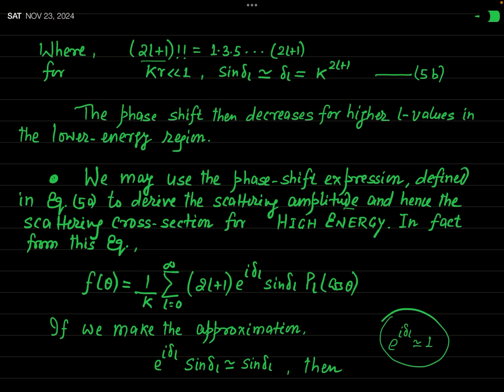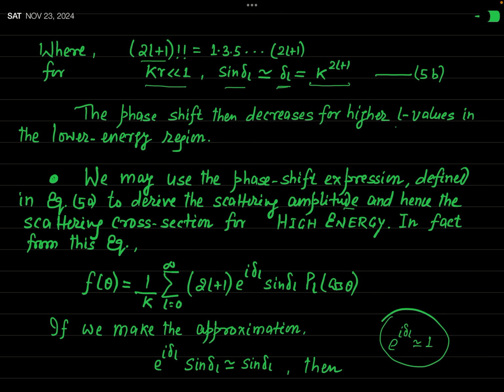Now, in this condition, if you consider a limiting case of kr much smaller than 1, then sine delta L will be almost equal to delta L, and that will be proportional to k to the power 2L+1. So in this approximation, you can see how delta L depends on the value of k.